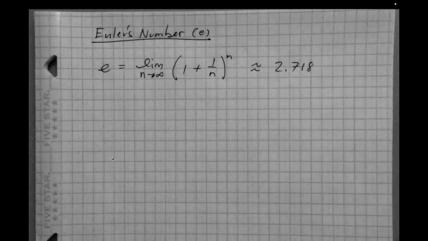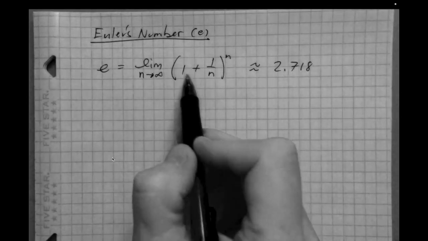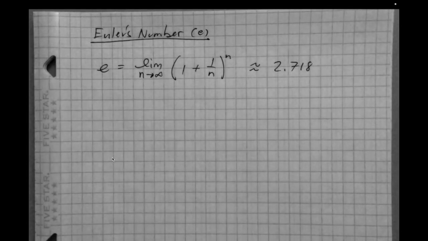Okay, so what we're going to do is walk through a derivation of how it is that this sequence is monotone increasing and bounded above, right? So we'll show that the sequence 1 plus 1 over n all to the nth power is monotone increasing and bounded above, the implication being that it has a limit.